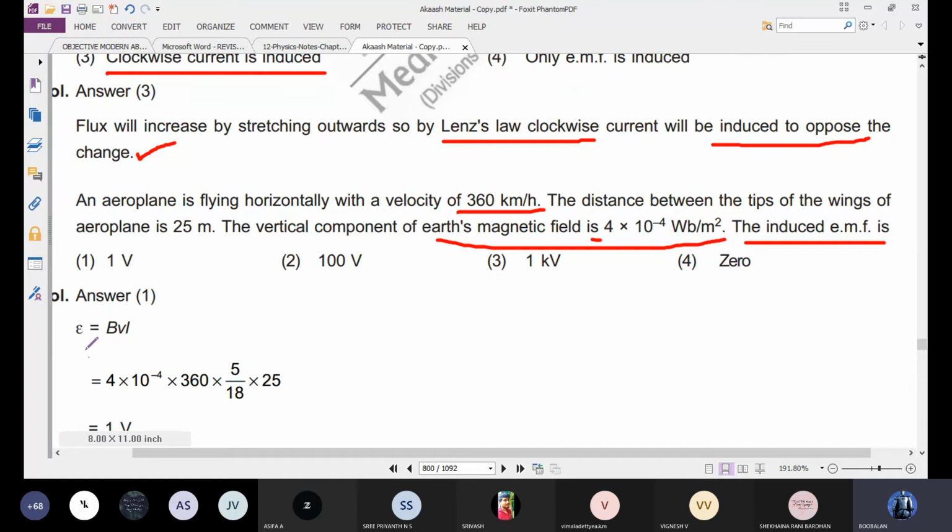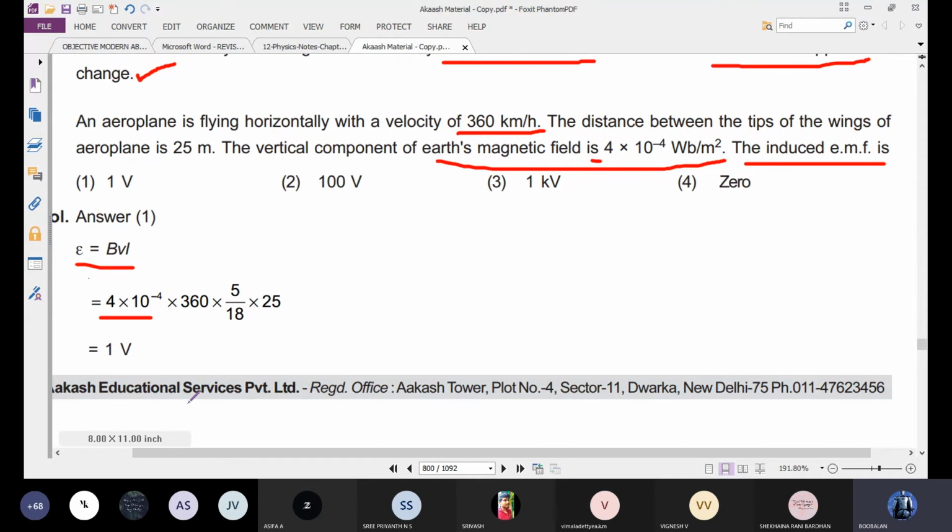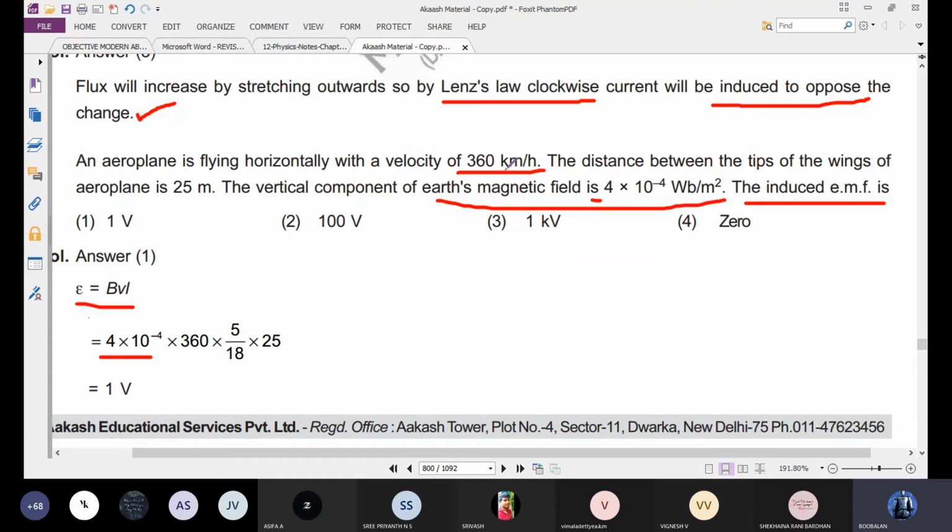So E is equal to B L V. You can take the kilometer itself: 3600 kilometers multiplied by 5 by 18 is converted into meter per second, and L value is 25 meter. Simplify that and you will get E is equal to 1 volt.